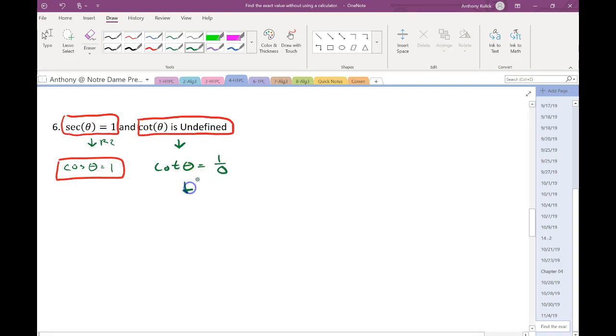So if I use then R3, that tells me tangent and cotangent are reciprocals. So tangent is 0 over something. So that means tangent is 0. Everybody's okay there?